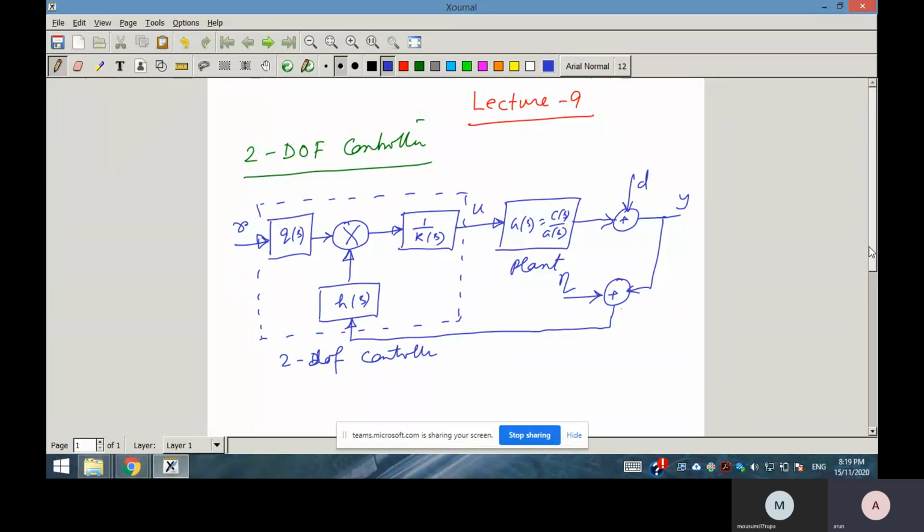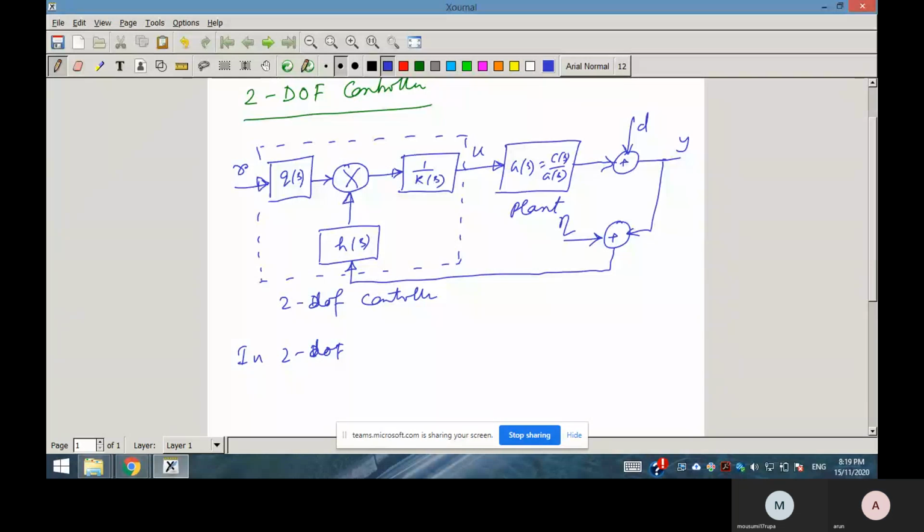So I am writing here: in 2DOF control, R and Y are independently treated since H(s) is not equal to Q(s).